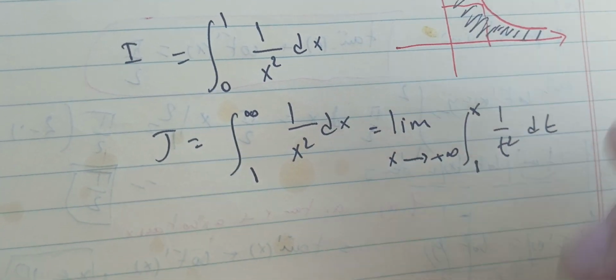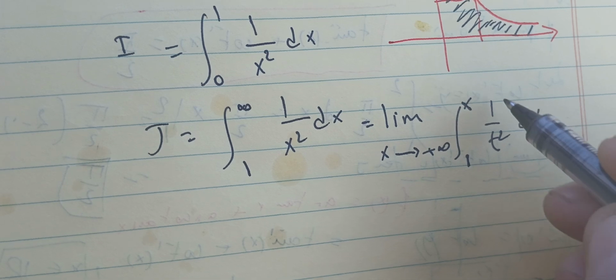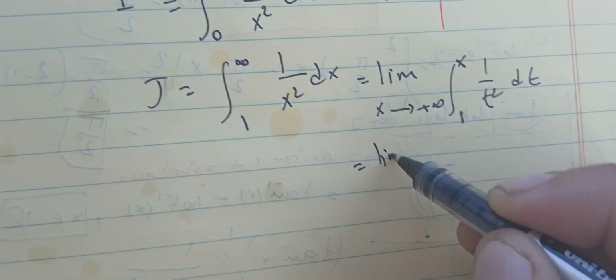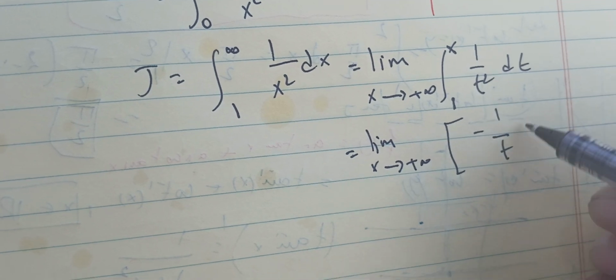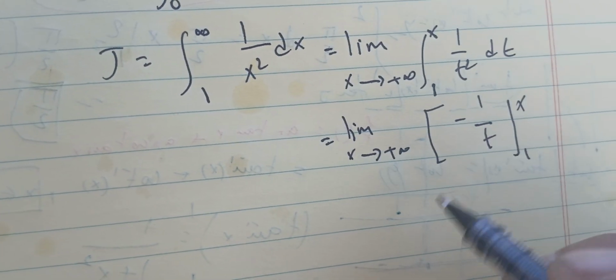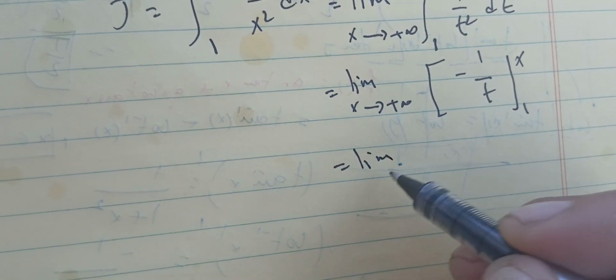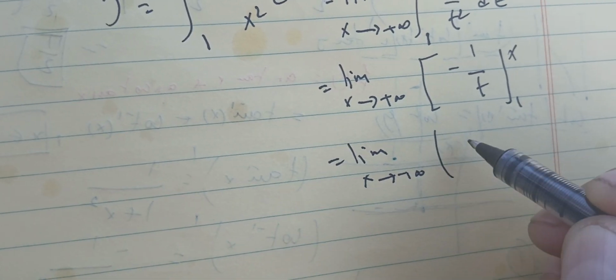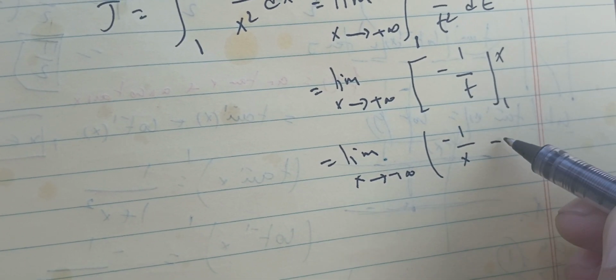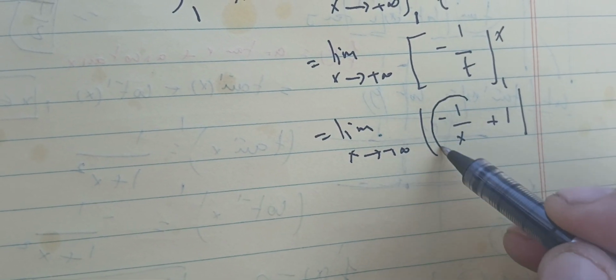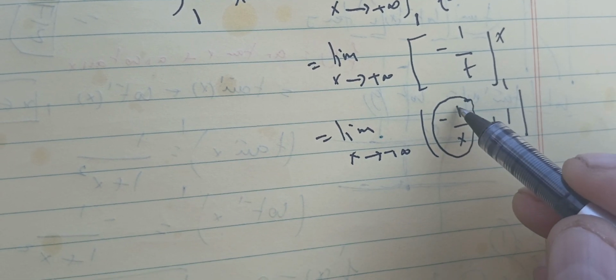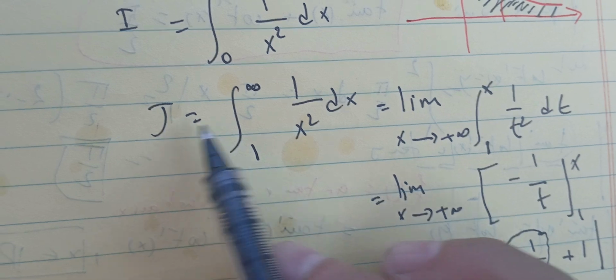We know a primitive of 1 over t squared, which is minus 1 over t between 1 and x. Before taking the limit we evaluate: minus 1 over x plus 1 over 1, which is 1. As x gets bigger, this is 0 plus 1, so we have 1. So this integral is convergent, and it equals 1.